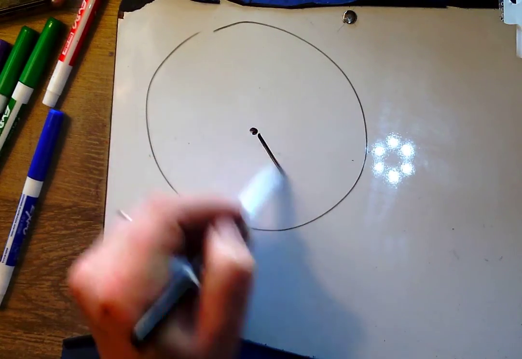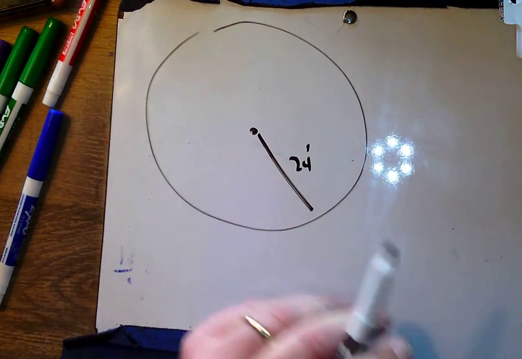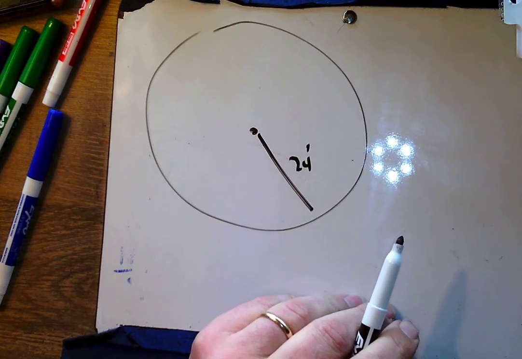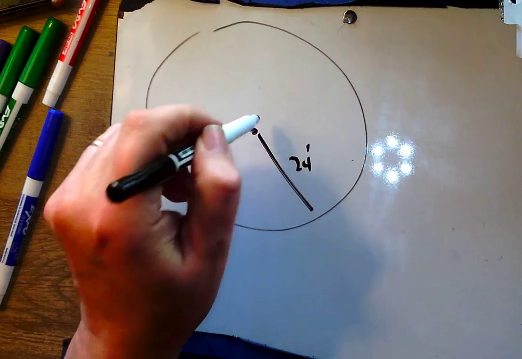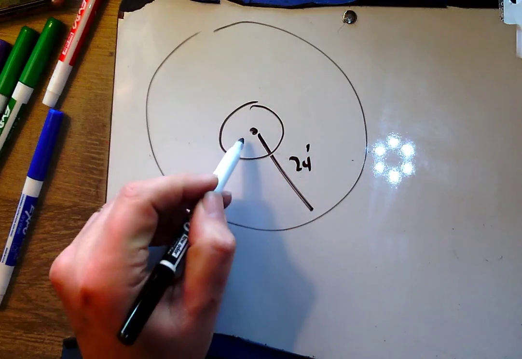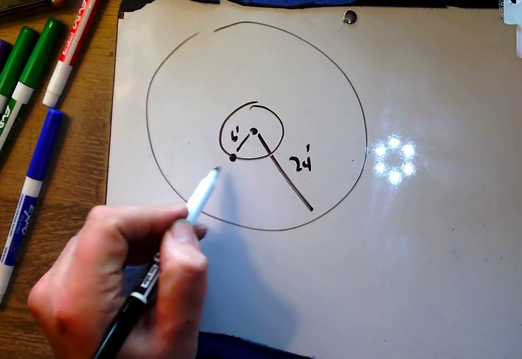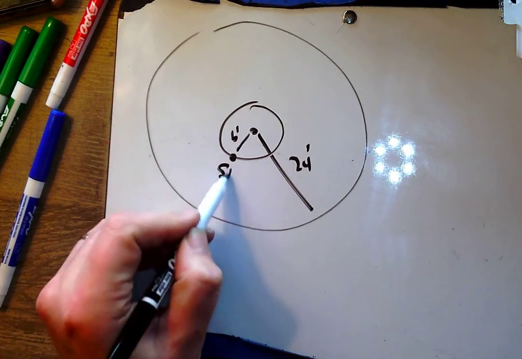Problem number 3. A merry-go-round is 24 feet across. Okay, 24 feet. The slithering sea dragon is 6 feet from the center. Okay, so 6 feet, we have slithering dragon.